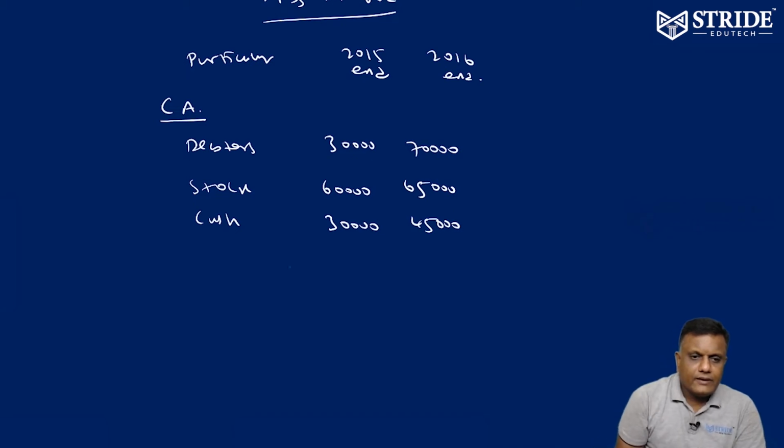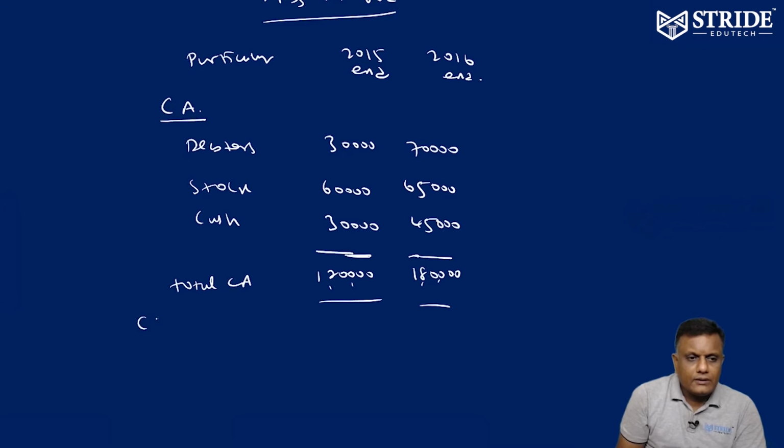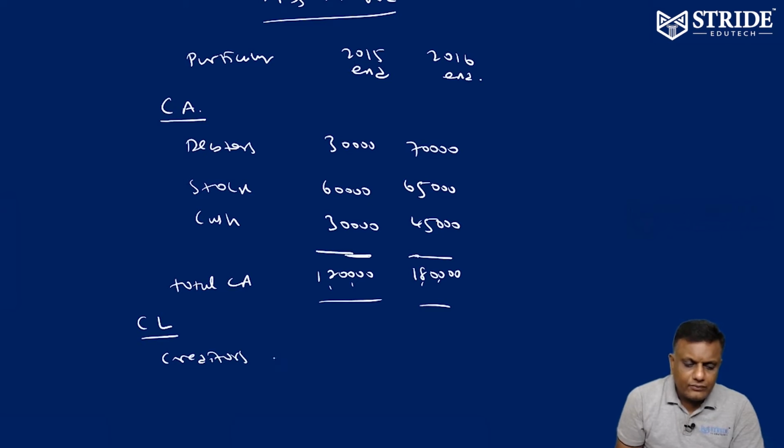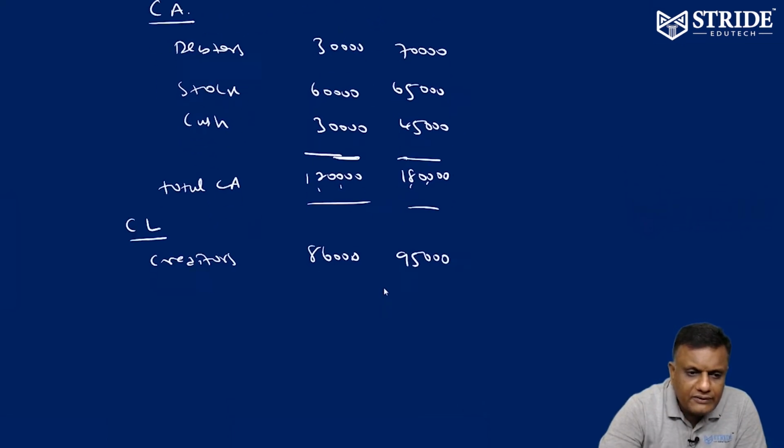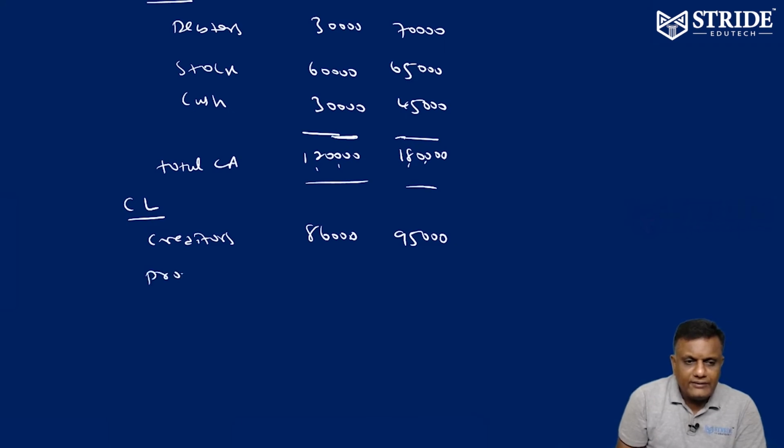Next, total current assets: here 1,20,000, here 1,80,000. Next, current liability. Under current liability, we have creditors, opening 86,000, closing 95,000. Similarly, provision for tax, I am going to treat as a current liability. I am not going to prepare any ledger.